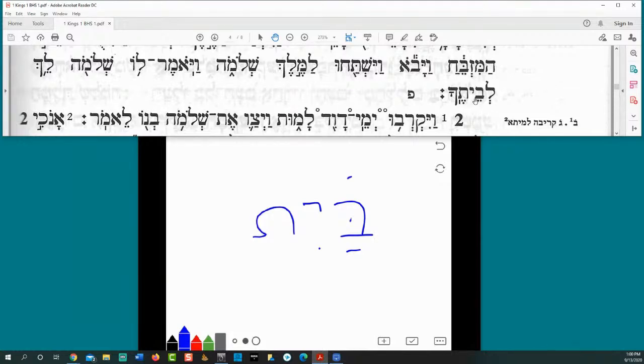If you wanted to say the house of you with an object suffix, then the accent shifts, betecha, and that means that the ay diphthong here contracts, and you get instead an e, so betecha, but then you add a lamed, and you have a vocal shva here, because you can only have one marker of definiteness, and it's already being marked here.